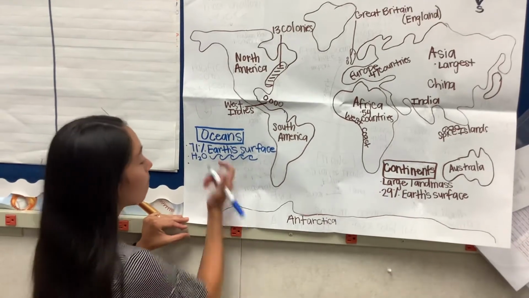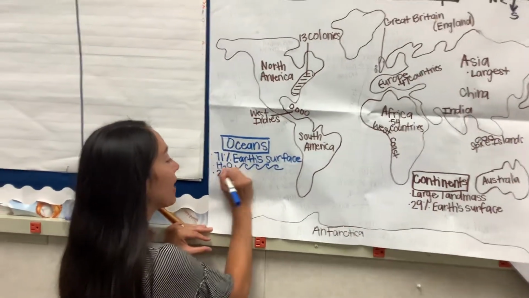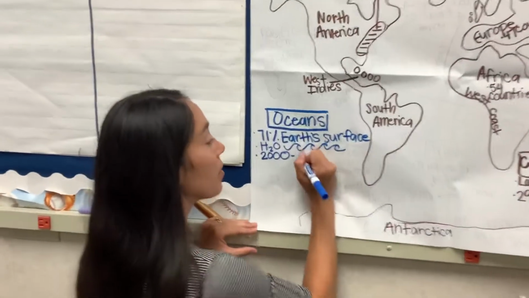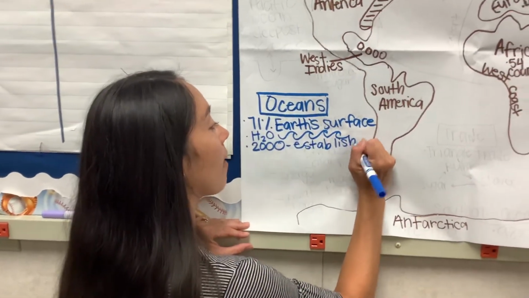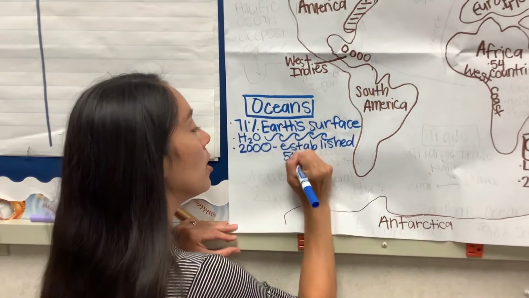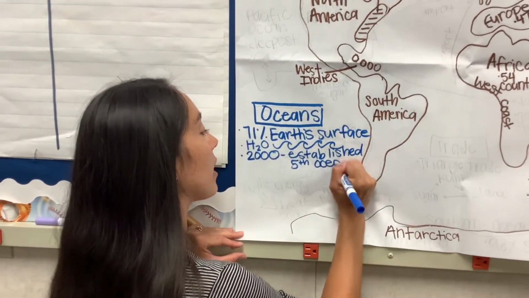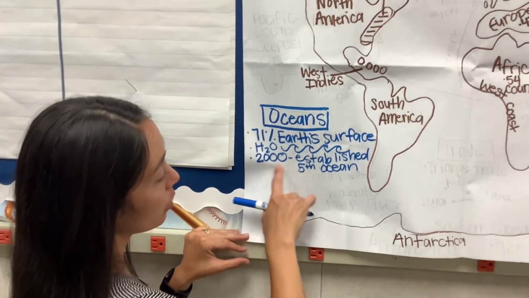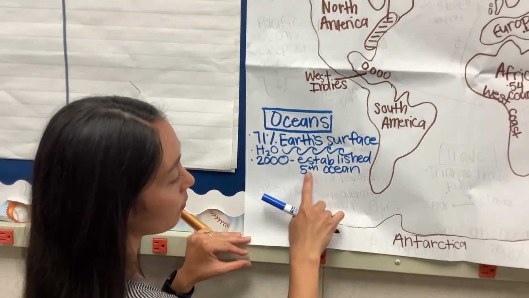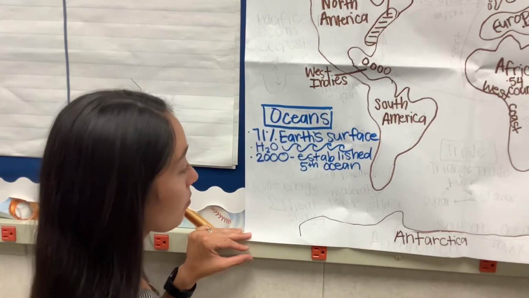So we had 4 oceans, but in the year 2000, they established a 5th ocean. Read this with me. 2000 established 5th ocean.